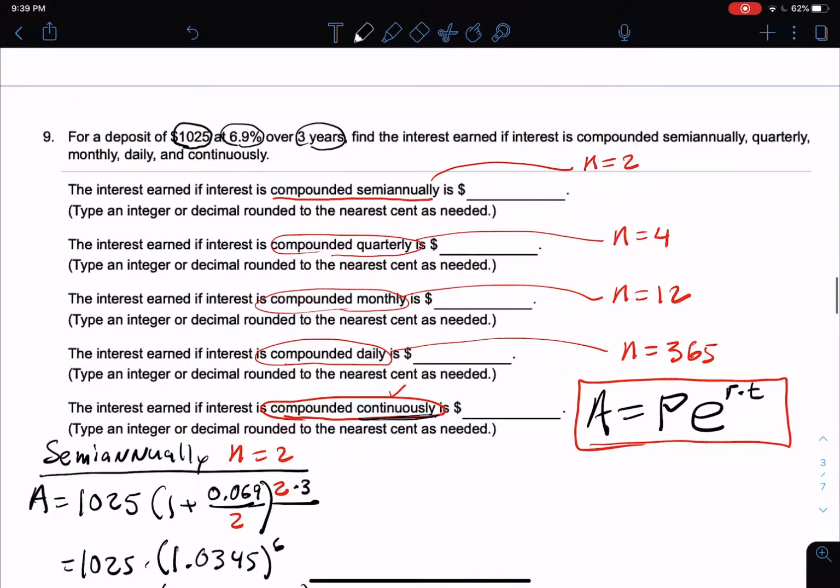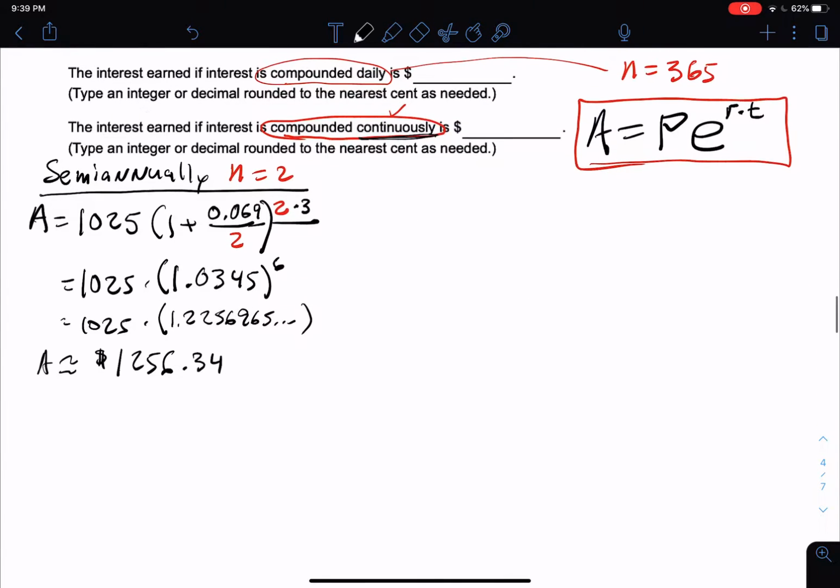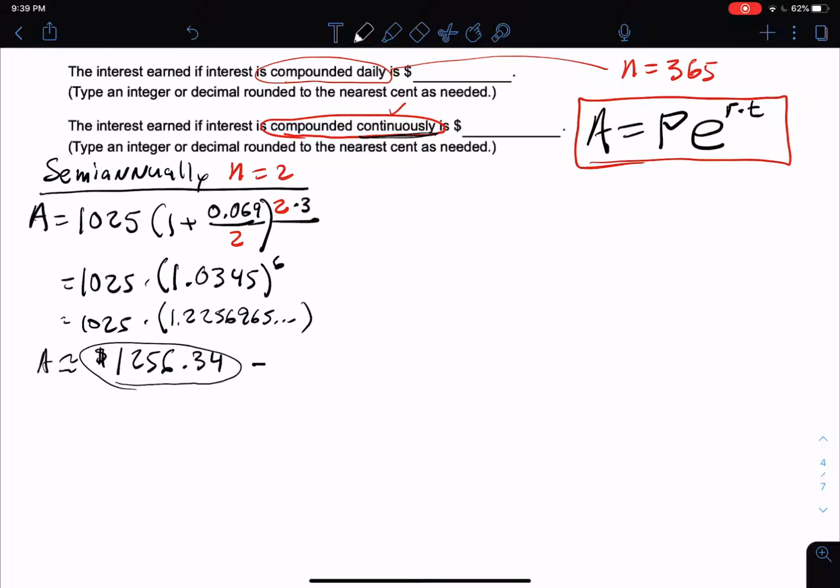Now that is the accumulated amount, but got to be a little careful here. It says the interest earned. Whoa. They want to know the interest earned. So the interest earned is going to be the accumulated amount, and then we need to take away what we started with, the principal, $1,025.